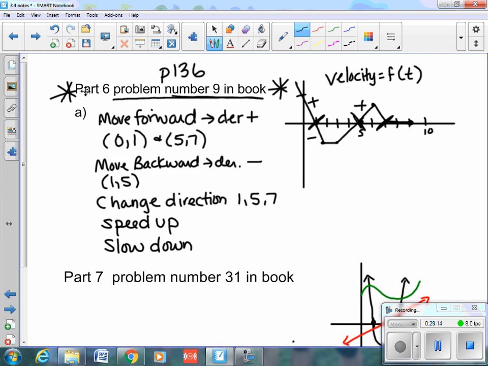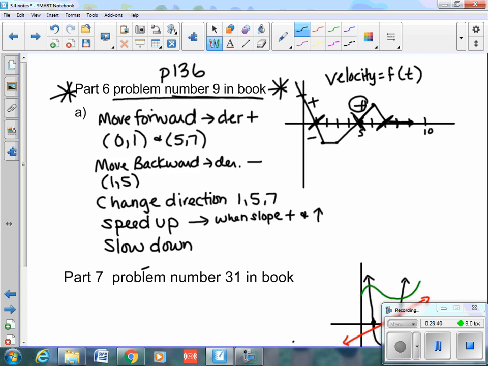It's going to speed up when your slope is positive and it's increasing. You know what I'm talking about? It's going to speed up when your slope is positive and your graph is increasing.